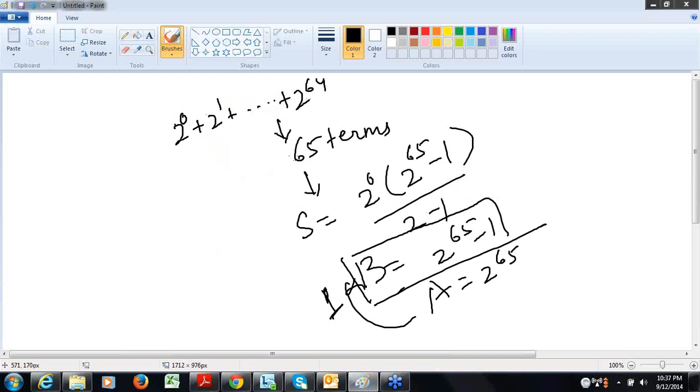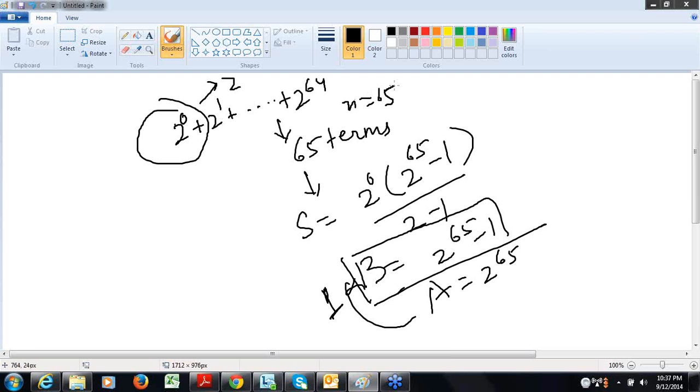The sum of these values, they are how many? 65 terms, because 0 to 64. So the sum will be a(r to the power n minus 1) upon r minus 1. Here a is 2 to the power 0, r is 2, n is 65.